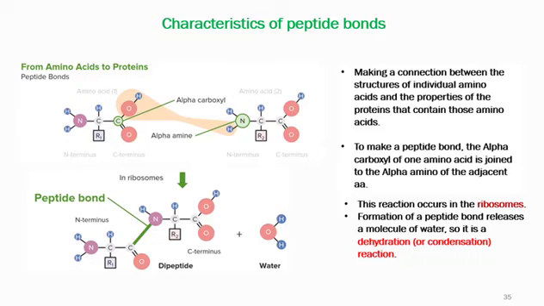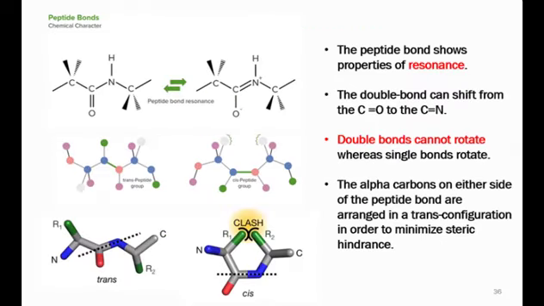Exactly. And this sharing gives the bond some characteristics of a double bond, even though we usually draw it as a single bond between the carbon and nitrogen. Okay, partial double bond character. Why does that matter? Because unlike a normal single bond, which can spin freely like an axle, a bond with double bond character is rigid. It's locked. It cannot rotate.